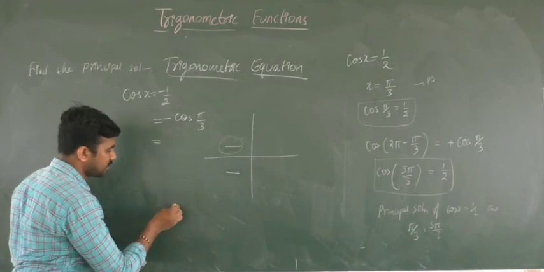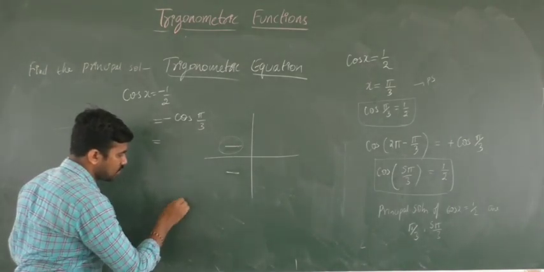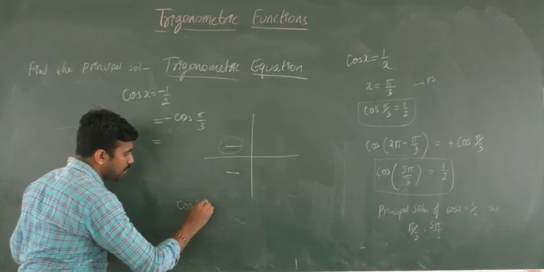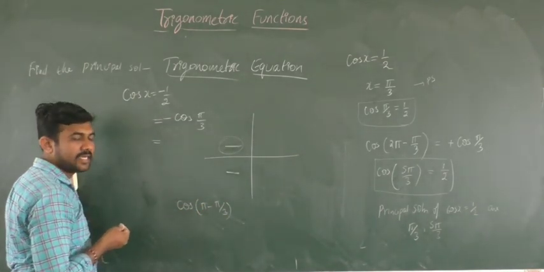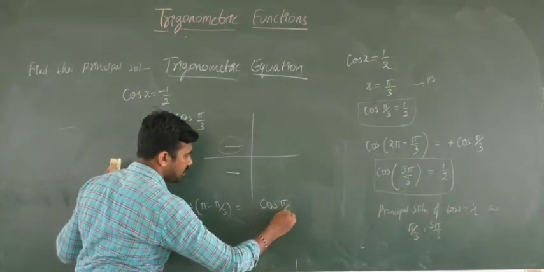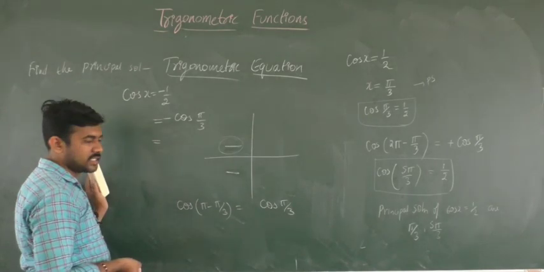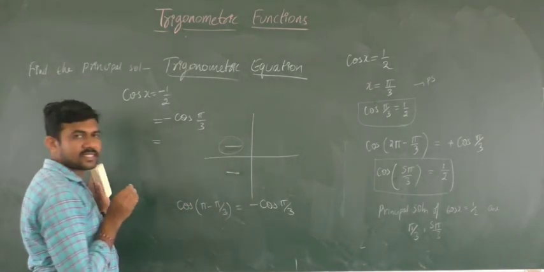Cos of pi minus pi by 3. 180 degree minus theta gives cos theta, cos pi by 3 only. But here in the second quadrant cos is negative, so we get minus cos pi by 3.